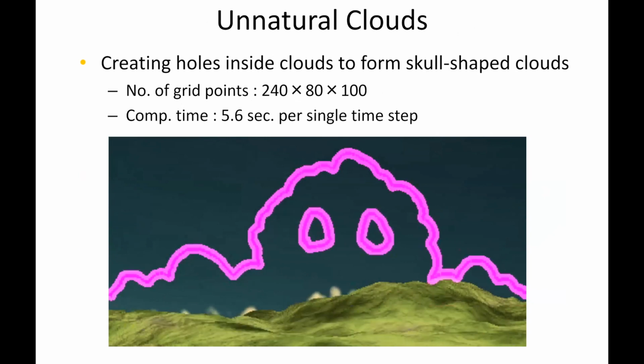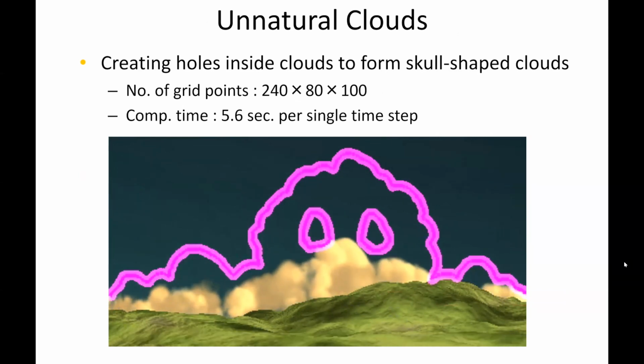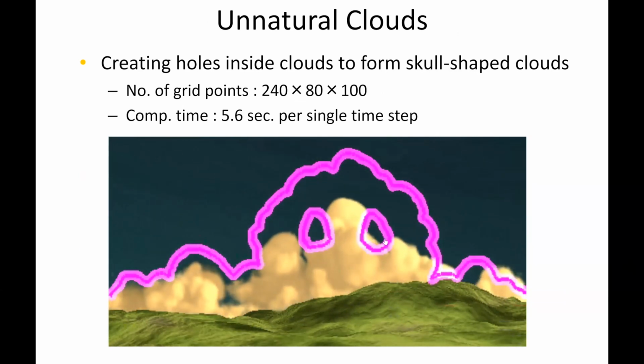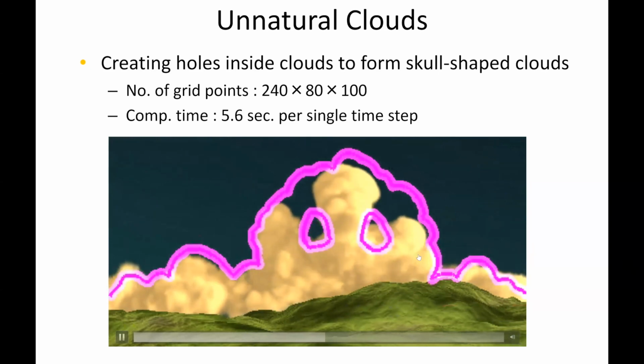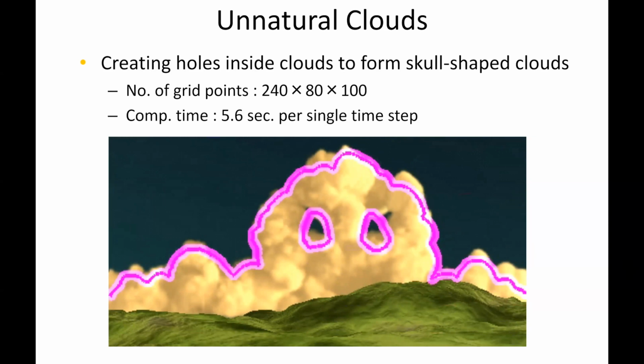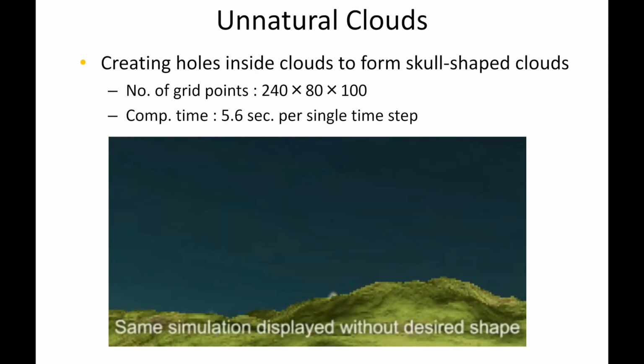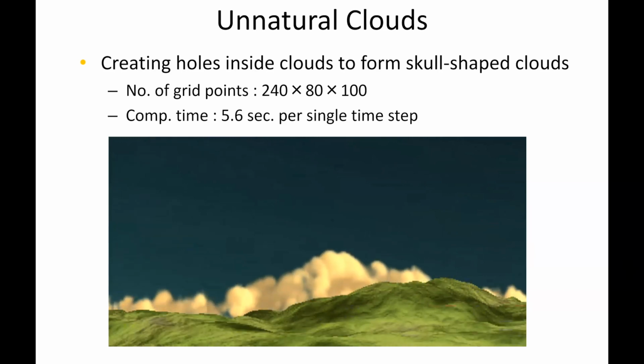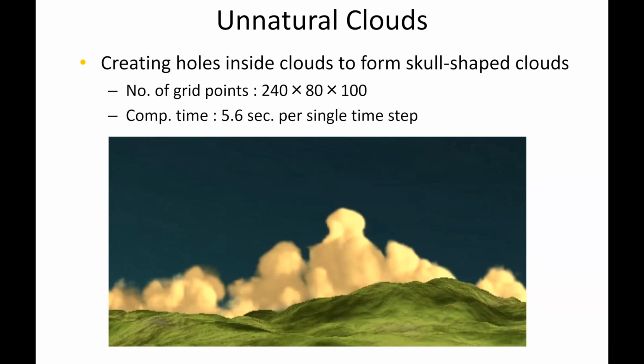In this example, we use some external forces around these holes in order to prevent the clouds from coming inside these holes. However, the overall shapes and motion of the clouds are realistic because our method tries to simulate the cloud formation process as naturally as possible.